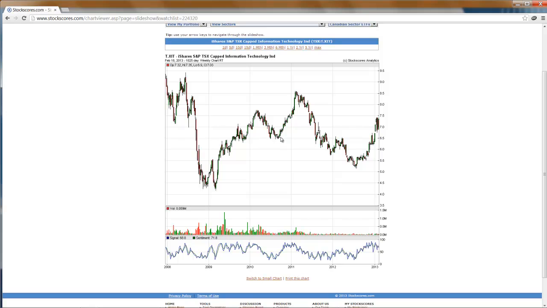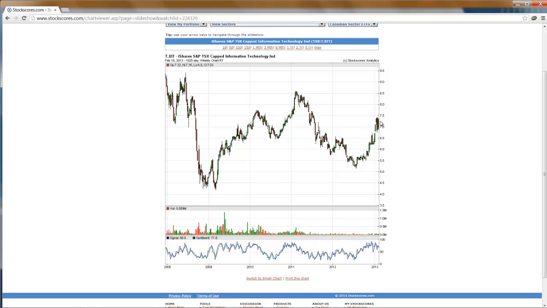For example, here in mid-2010, you can see that the downward trend that had been in place on the information technology ETF was broken, and that started an upward move that lasted 4 or 5 months. More recently, late in 2012, this sector also broke its downward trend line and started its current upward move.